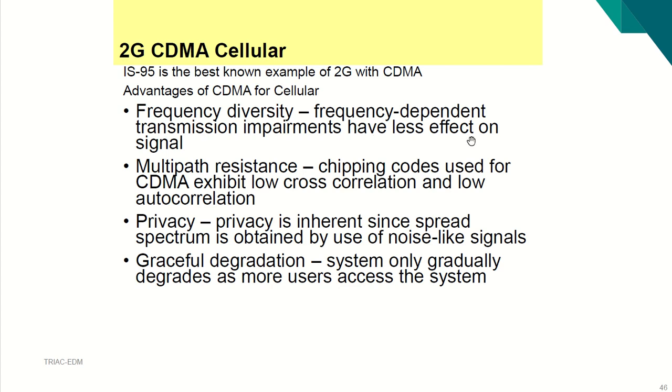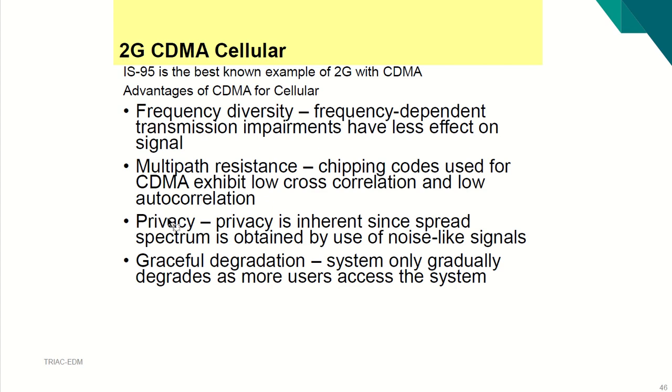It still has an effect, but it has less effect. And then multipath resistance. The chipping codes used for CDMA exhibit low cross correlation and low autocorrelation.